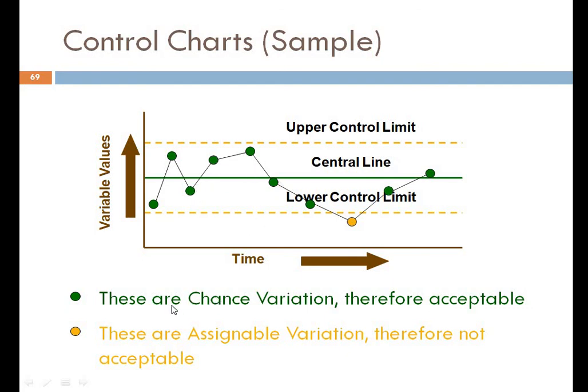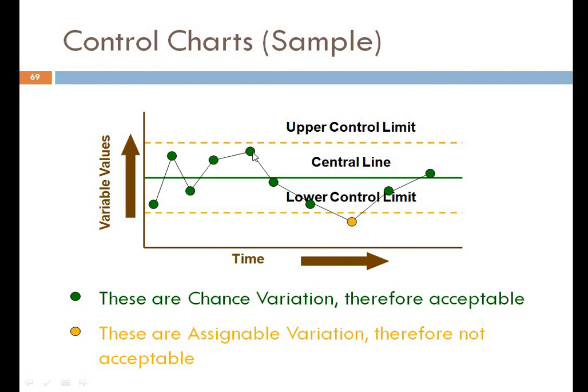Green dots are indicating that these are chance variations, therefore acceptable. It means any deviation or variation from the green line, like the example we quoted of a 14 kg cylinder. If the weight of the cylinder is not exactly 14 kg, but somewhat higher or lower than 14 kg, up to a level that we have defined, we are going to accept it.